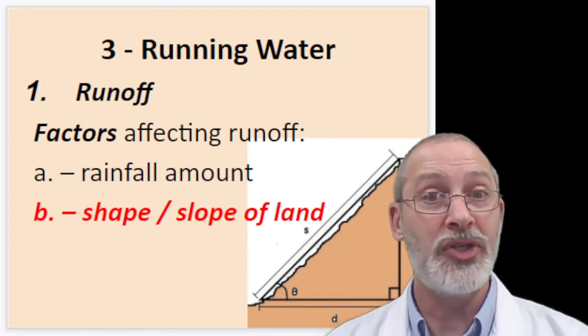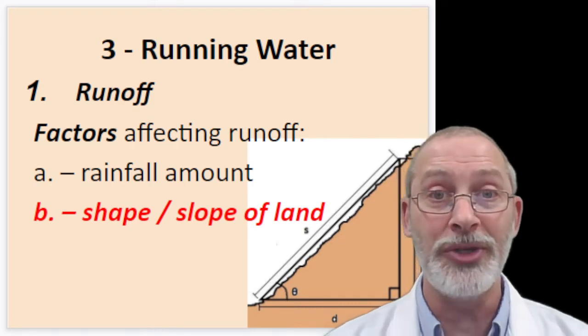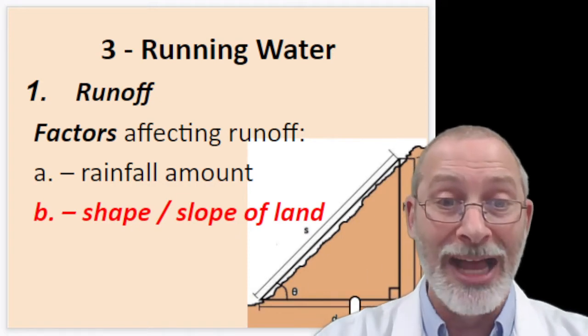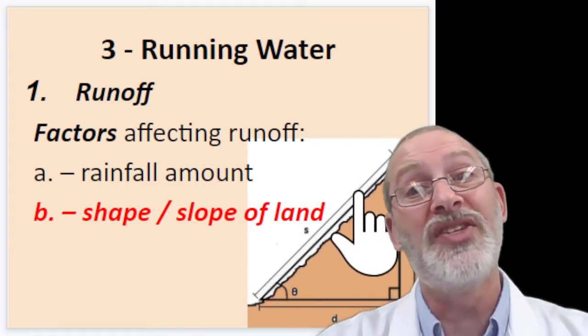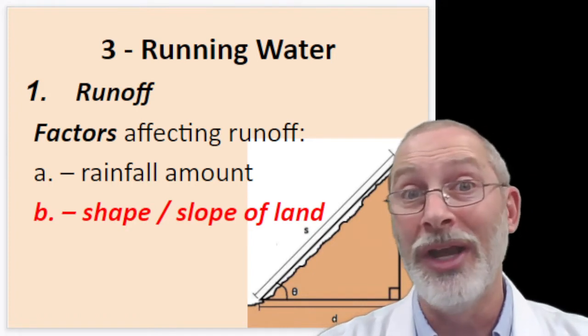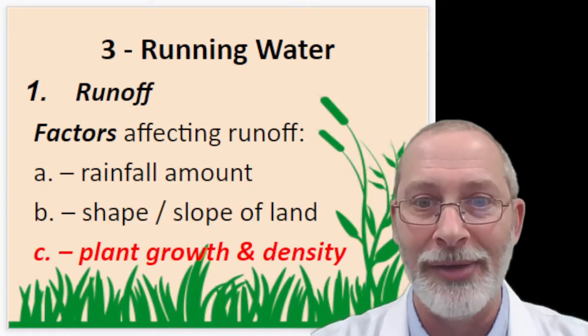Probably the steep slope. Think of it in terms of sledding down a hill in the wintertime. On which hill are you going to travel faster? A more gradual slope or a steep slope? Well, you're going to go faster on a steep slope, and guess what? So will water as it's carried by gravity downhill.